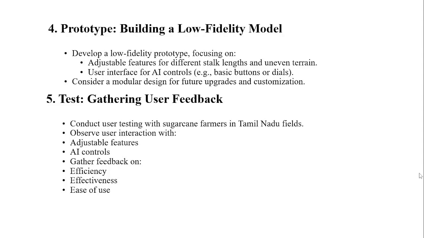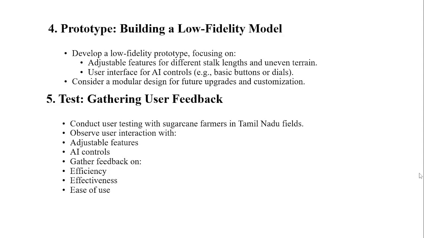After completing the low fidelity model development, we moved to the testing session, gathering user feedback. Yes, I gave that machine to farmers, and the farmers gave me a lot of feedback, so we conducted user testing with the sugarcane farmers in Tamil Nadu fields. Previously I showed you photos of a farmer replacing a vehicle. Then we observed user interaction with the adjustable features and AI controls, and also gathered feedback on the efficiency, effectiveness, and ease of use of the machine.